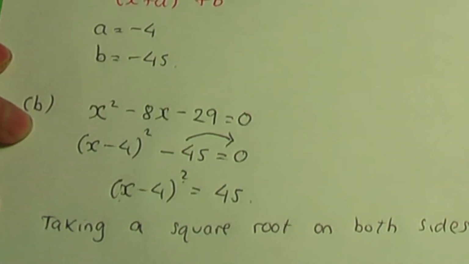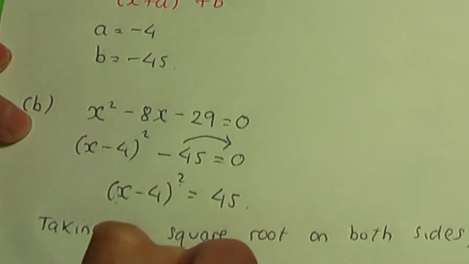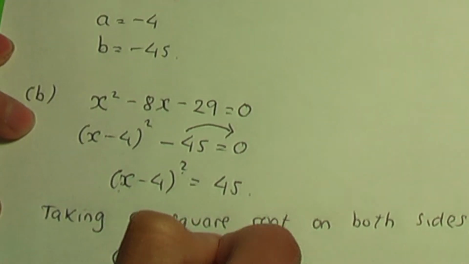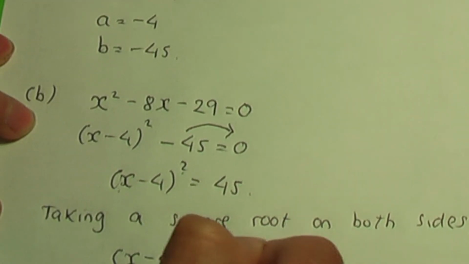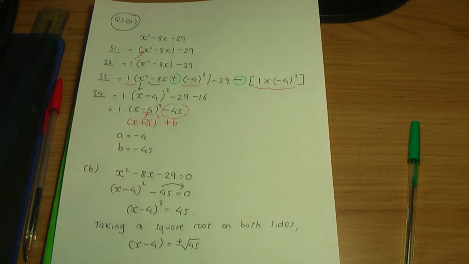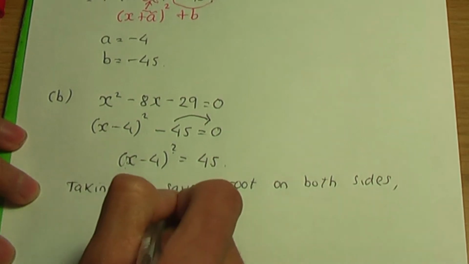If you take a square root on both sides, for the left you're going to have x - 4, but be careful, on the right hand side you're going to have plus or minus the root of 45. So not only will you have a positive root of 45, you also have a negative root of 45. So let's rearrange for x.